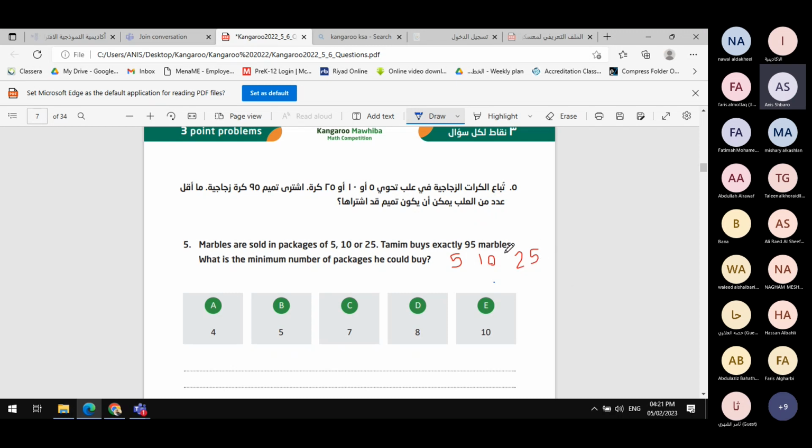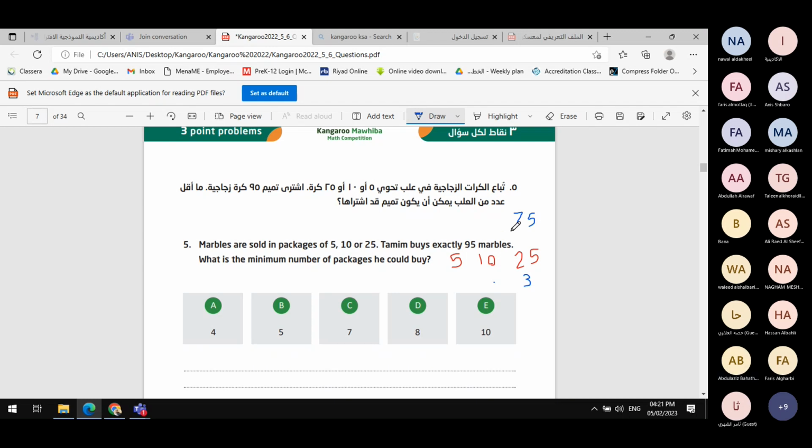How many 25s in 95 do I have? I think 3 or 4. 4 will be 100, so it's not our answer. 3 times 25: 25 plus 25 is 50, plus 25 is 75.